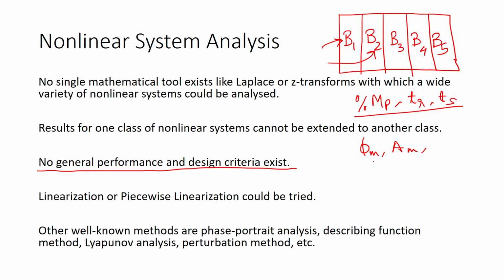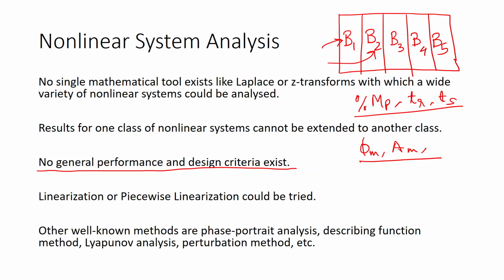So this is phase margin, gain margin. These are the very definite design criteria for linear systems. However, these things cannot be defined even for nonlinear systems. So what would be the design criteria? This is a very open situation actually in nonlinear systems.